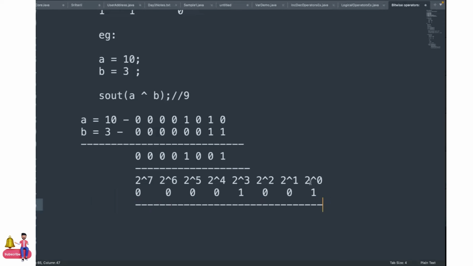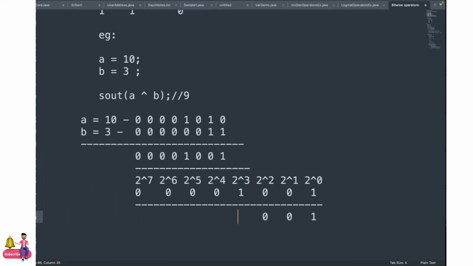So 2 to the power 0 is going to be 1. 1 into 1 is going to be 1. Next, 2 to the power of 1 is 2, and it is multiplied with 0, which is going to be 0. And next, anyhow, it is 0. Let's put 0 here.